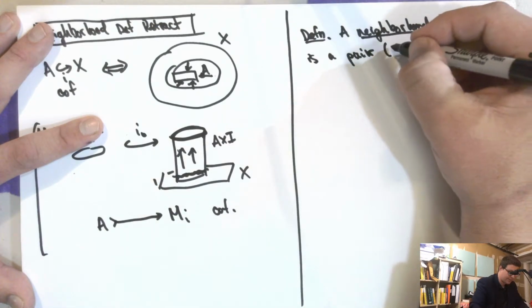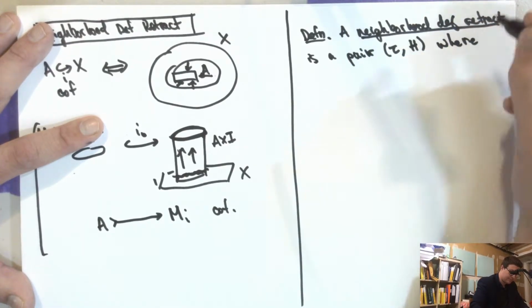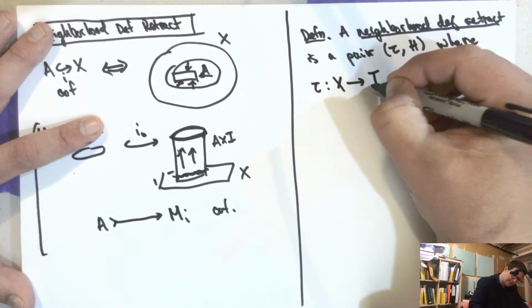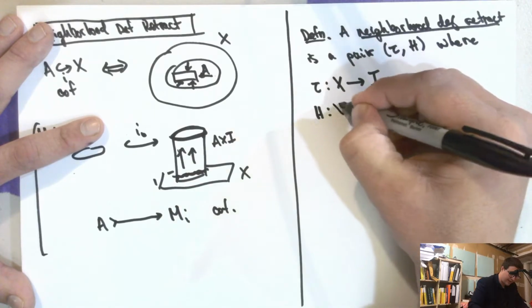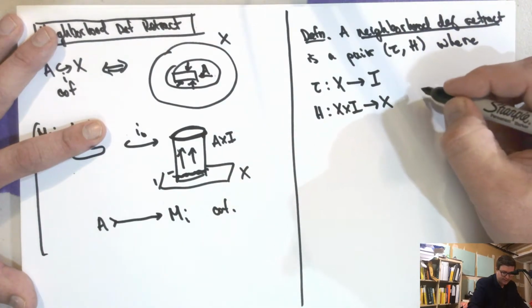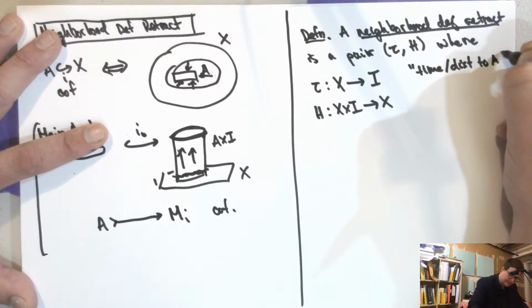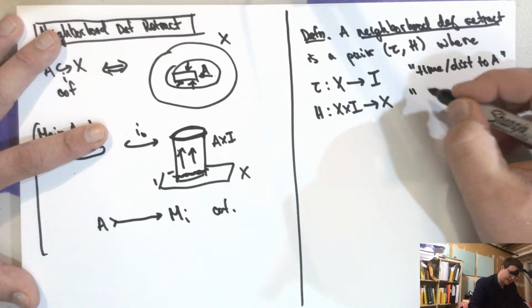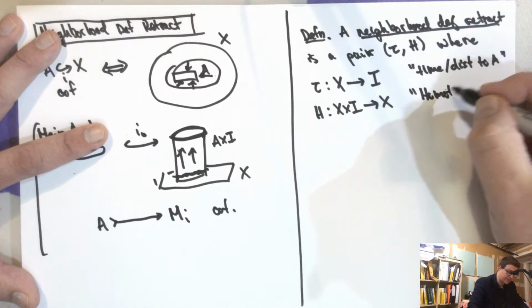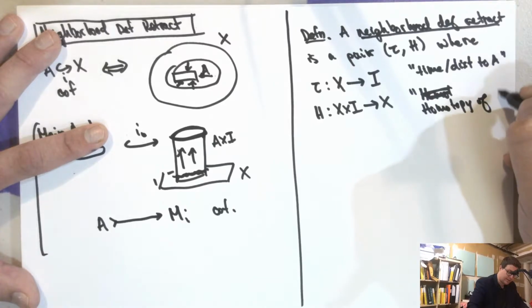What we'll have is a time function, tau, and a homotopy H, where tau is kind of like a distance function to A, and H is from X cross I to X. This is a deformation of the identity on X.